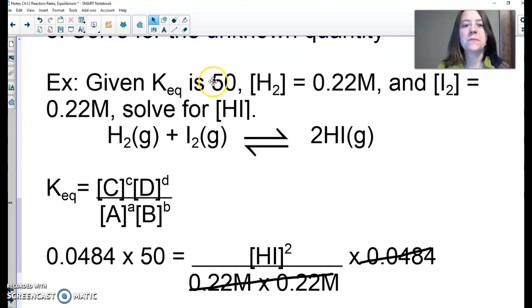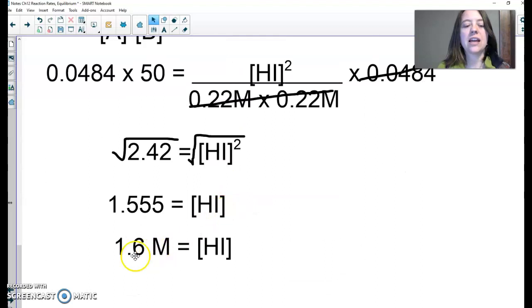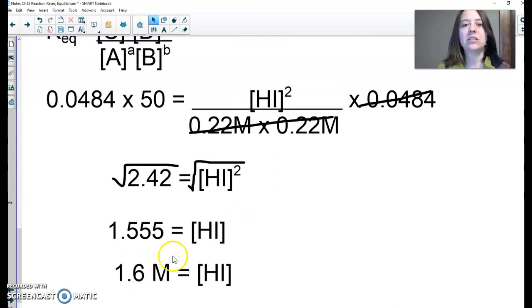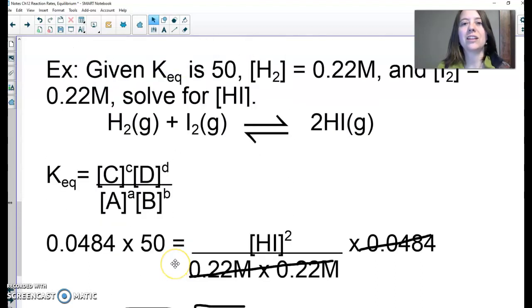And looking here, 50 is bigger than 1, so we think that we will have more products at equilibrium. The concentration of the products is greater than the concentration of the reactants if this number is bigger than 1. So let's look down there, and it is indeed bigger than 0.22, so that's a reasonable answer.